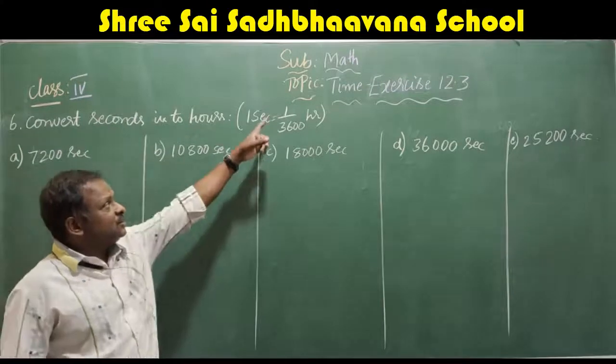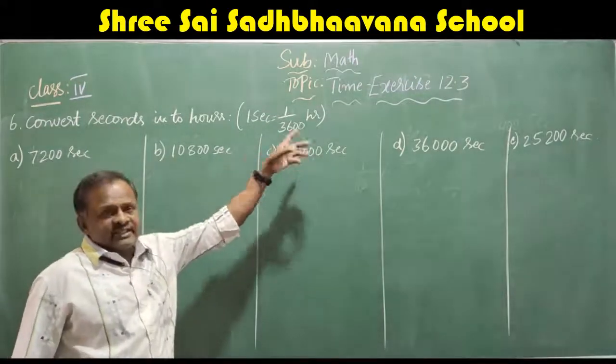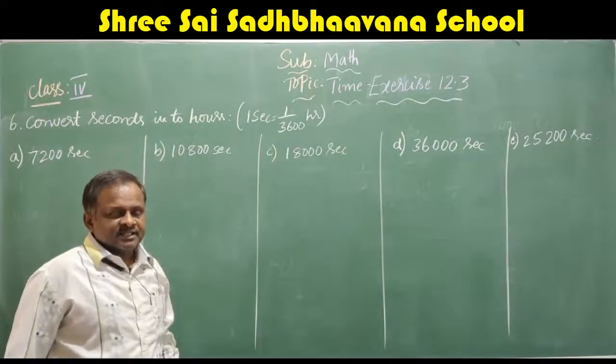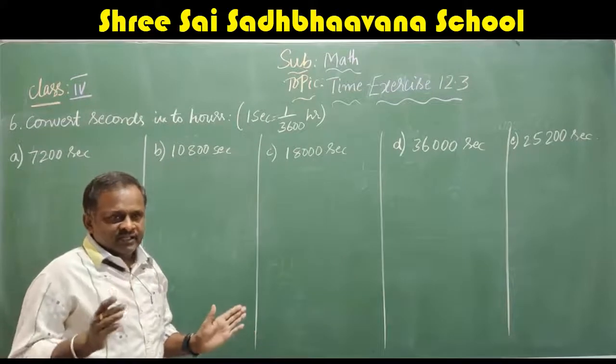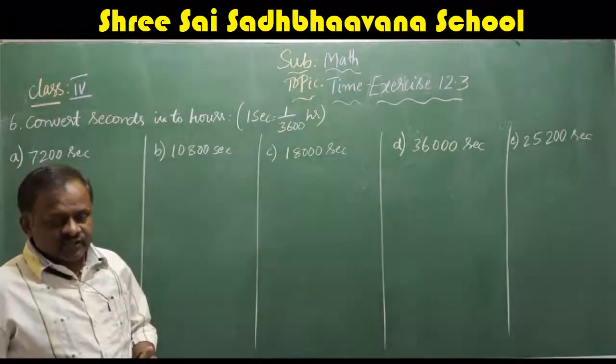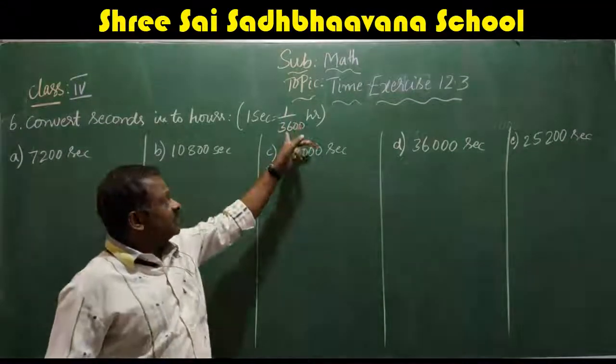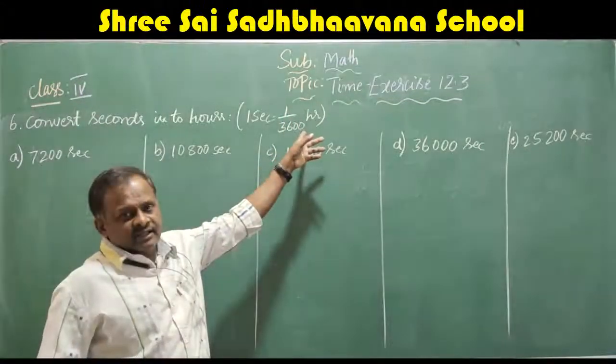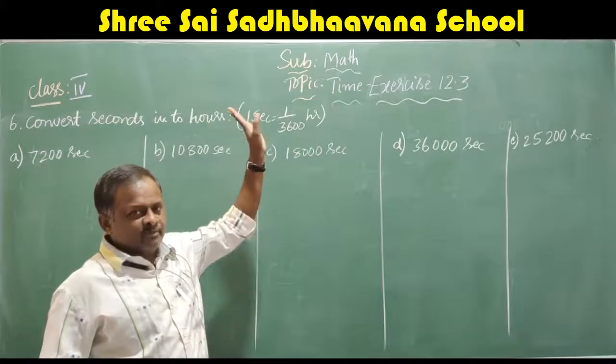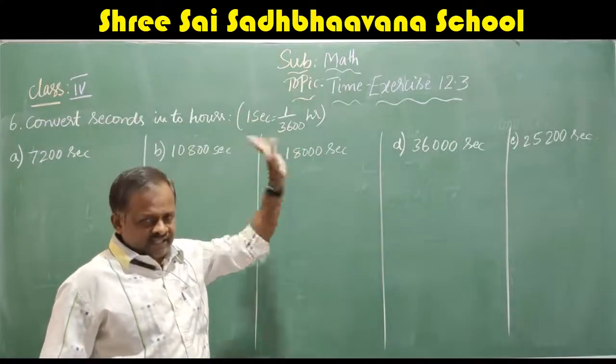So 1 second is equal to 1 by 3600 hours. That means in 1 hour there are 3600 seconds. If you consider 1 second, it is 1 part of 3600 seconds.